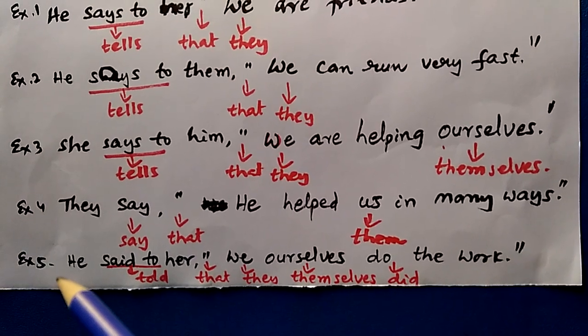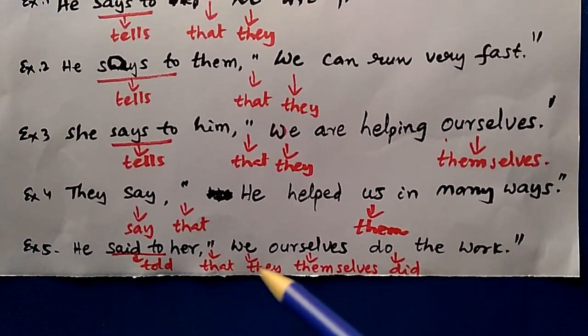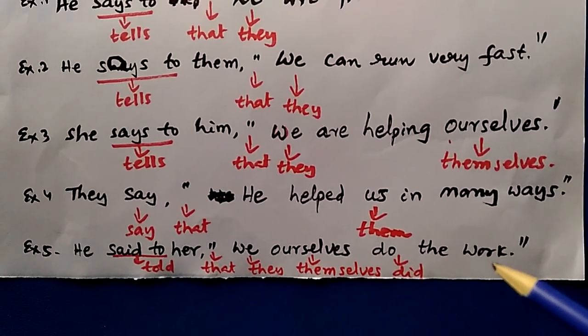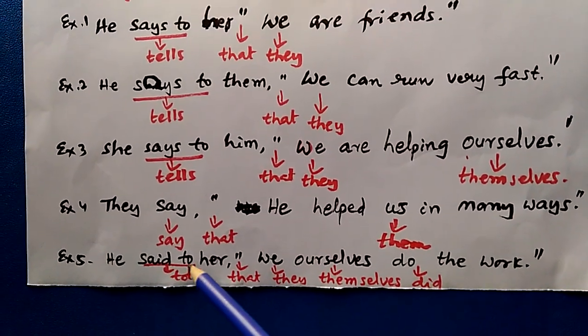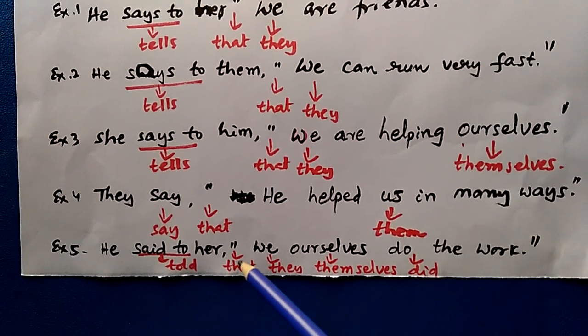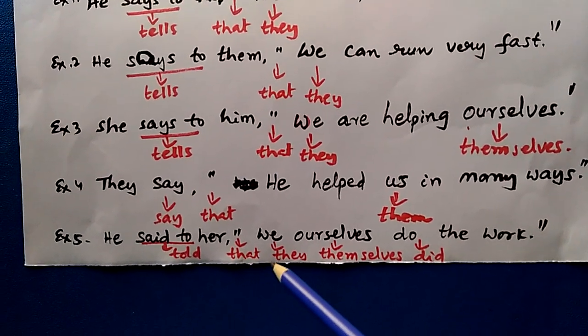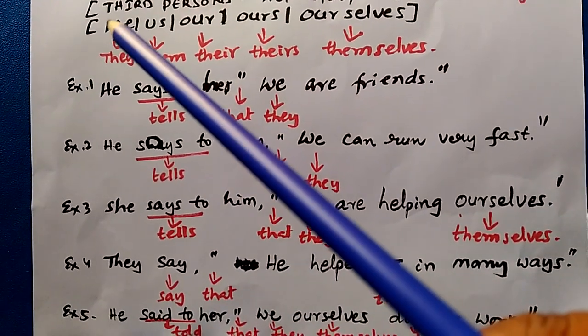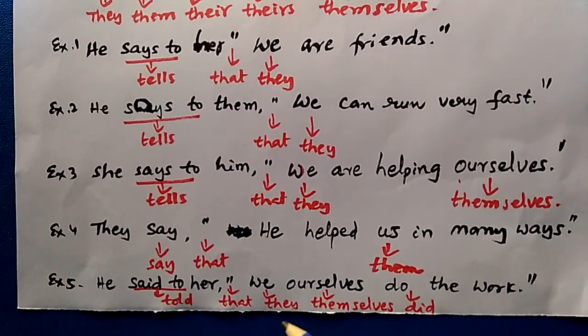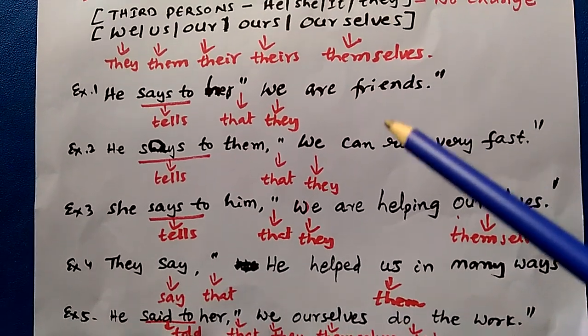And example number 5. He said to her, "We ourselves do the work." Here, said to becomes told, inverted comma becomes that, we becomes they, and ourselves becomes themselves.